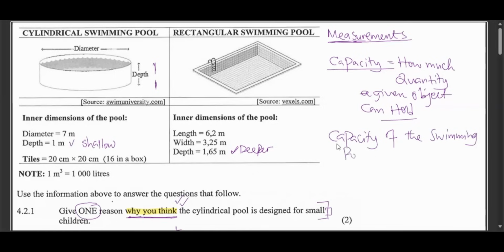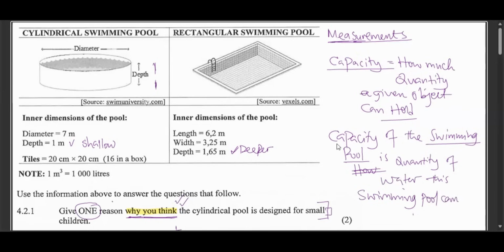Now this one has changed a little bit. Why? They have specified the object. It's a swimming pool. Definitely a swimming pool cannot hold any other thing apart from water. So all we need to know is the quantity of water this swimming pool can hold.